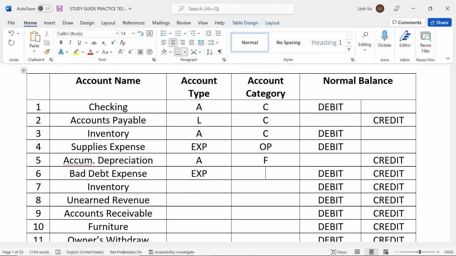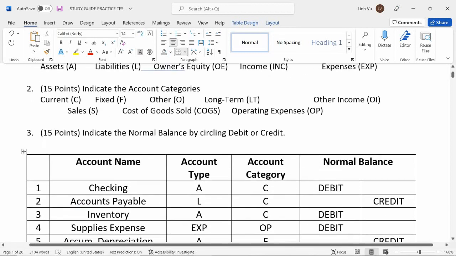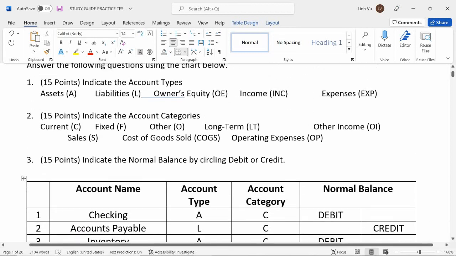Okay, so again, under expenses, there's no such thing as current expenses. Expenses only have 3 categories. What are they? Cost of goods sold, operating expense, and a non-operating expense.